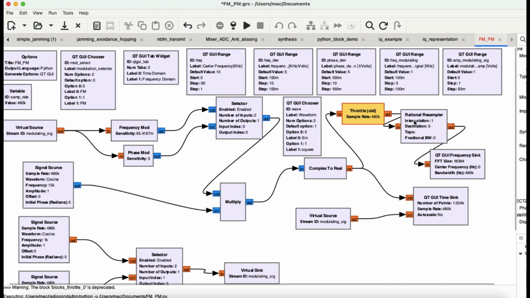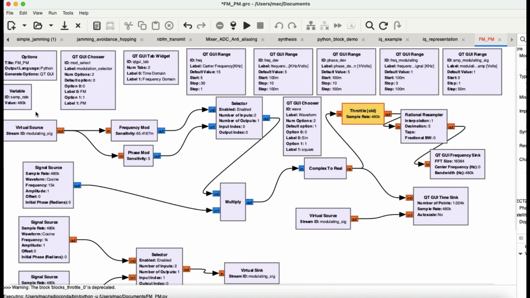Now this rational resampler has an interpolation factor and a decimation factor. Up till the rational resampler, your entire flow graph will have a sample rate of 480 kilohertz. After it, any block connected to the rational resampler will have a decimation factor of 5.